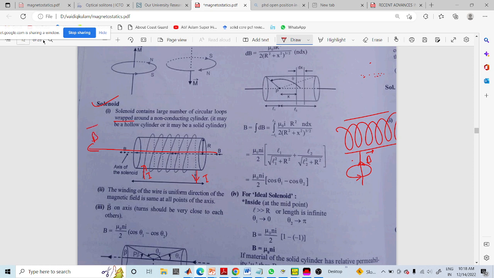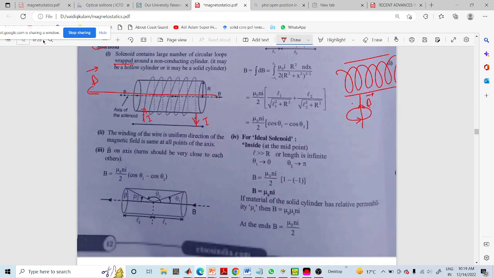So this is the direction of the magnetic field in this way. Whatever we discussed in the earlier concept is applied in the case of the solenoid. So this is the axis and this is the radius r, and this is the direction of the magnetic field. Why the magnetic field direction will be in this direction, we know very well.